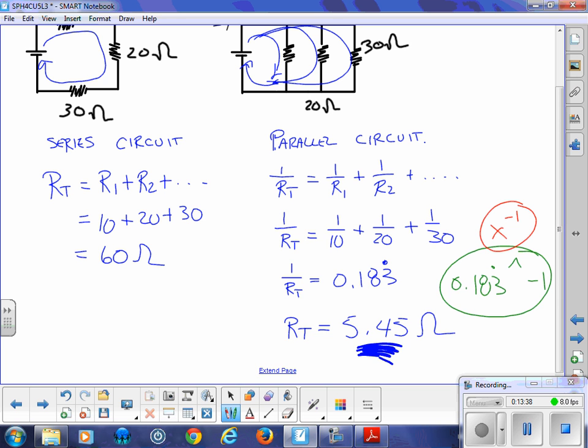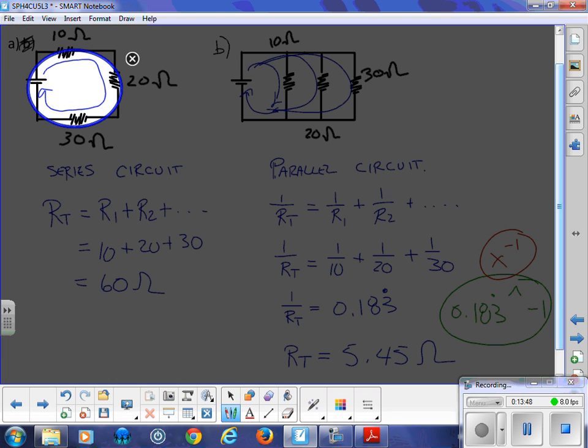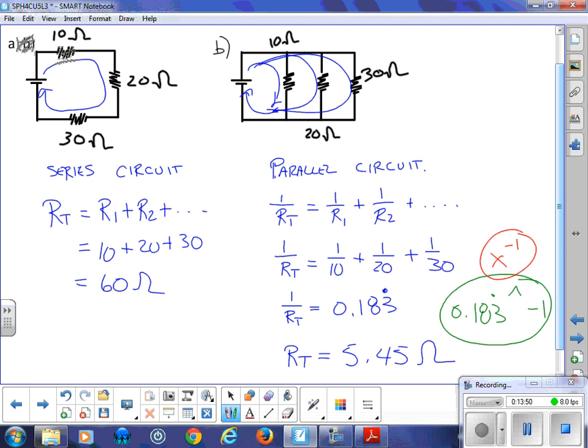What does that mean? Remember, resistance makes the electrons work. In the series case, the electrons have to work a lot harder. So if you put 3 lights in series together, you would need a lot more voltage to keep them as bright as you would over here, because the electrons have to work a lot less.